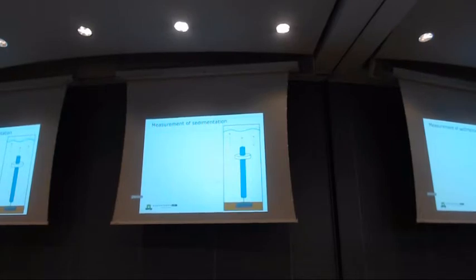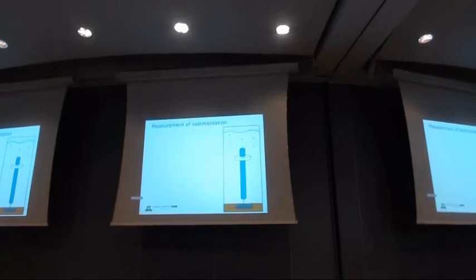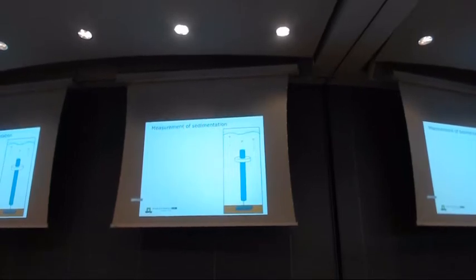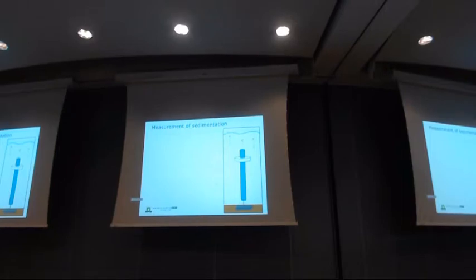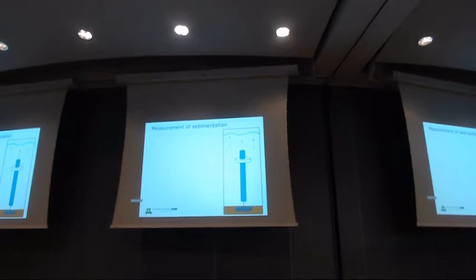You could measure sedimentation with what we call sediment traps, and I made a drawing of this. This is a sediment trap consisting of a tube, usually of PVC or some other material. It could also be iron, but that will not float that much.